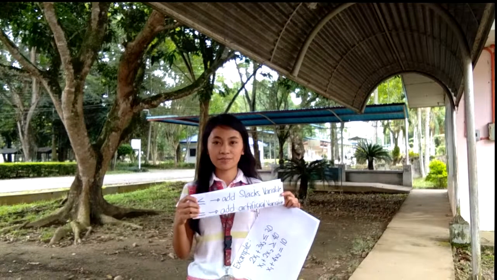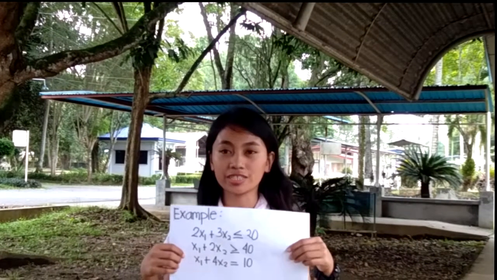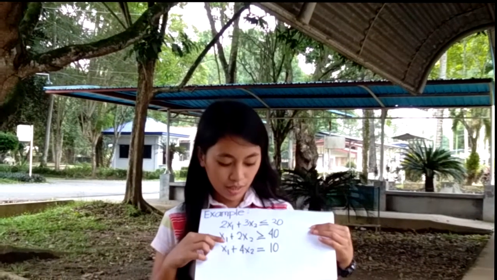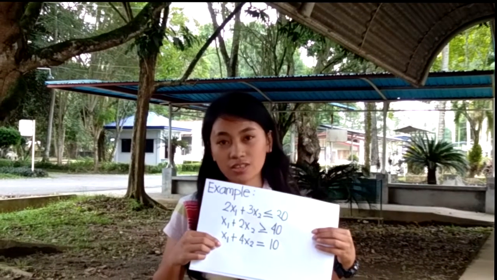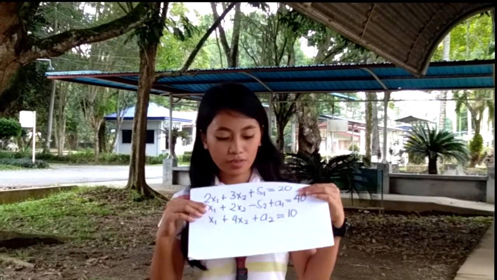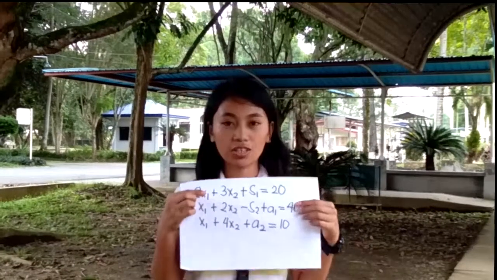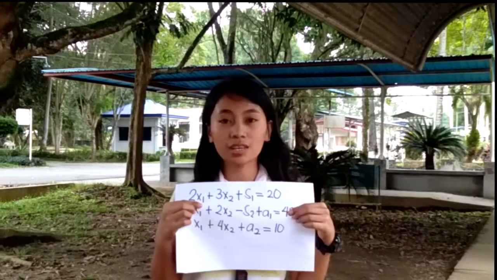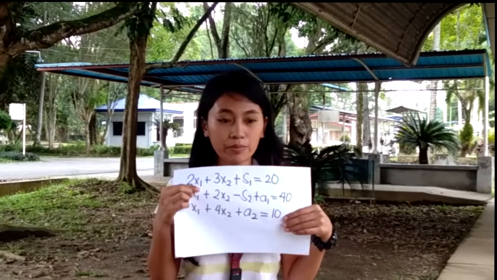Let's say, for example, we have mixed constraints which have a less than constraint, a greater than constraint, and an equality constraint. Here, in the less than constraint, we add slack variables. In the second constraint, we subtract a surplus variable and add an artificial variable.